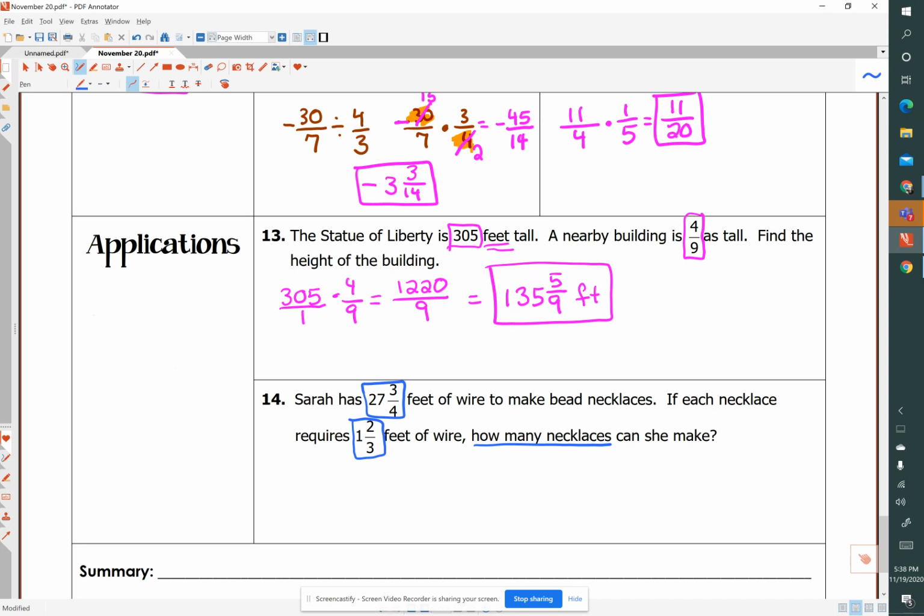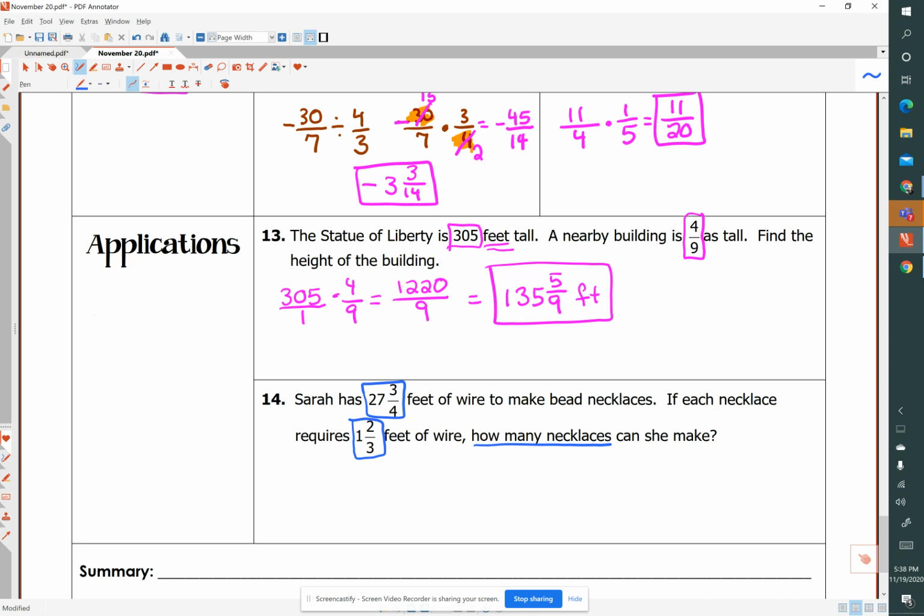So we're going to get an answer that's a fraction, but we're going to round down because we're going to have some leftover wire. And we're not going to make a half of a necklace or a fifth of a necklace. We're only going to make whole necklaces. So that means we're going to round down.